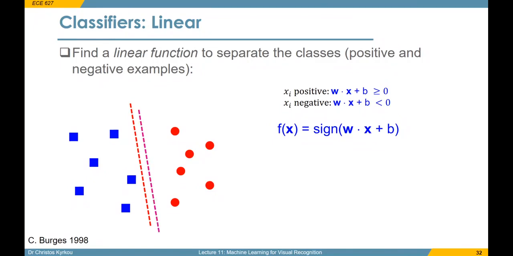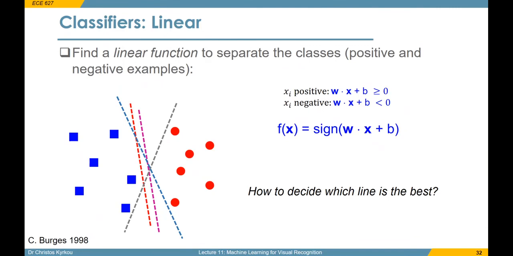This could be a valid line. This could also be a valid line. This could also be a valid line. So there are many different options that we can use. The question is, which one of these lines is the best in order to discriminate between the classes?